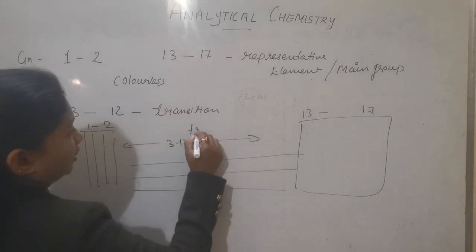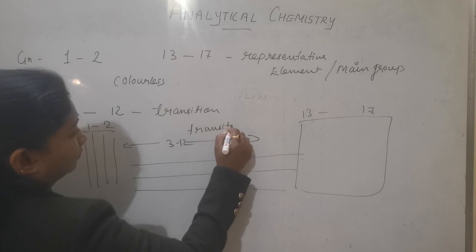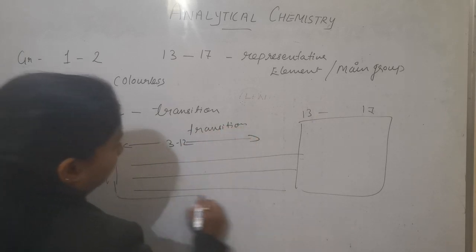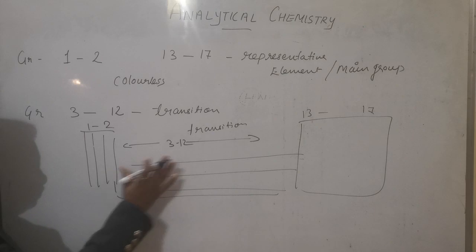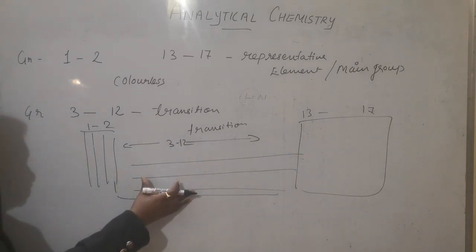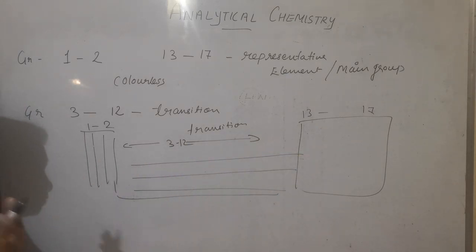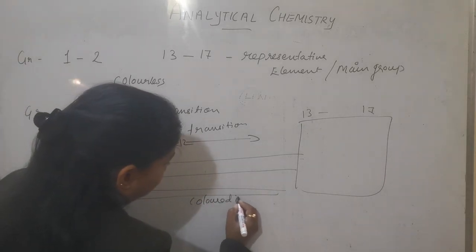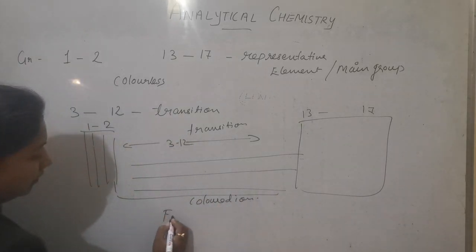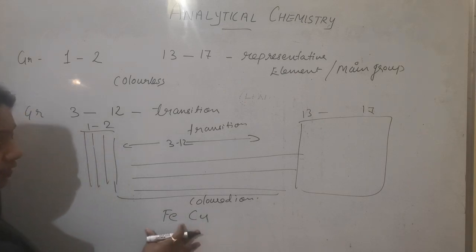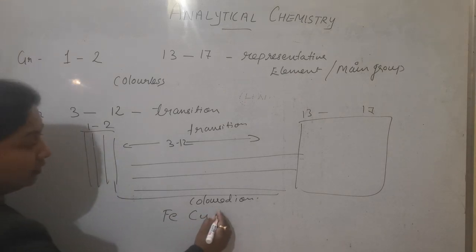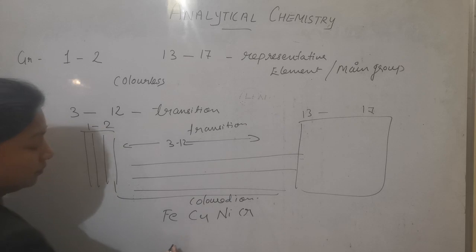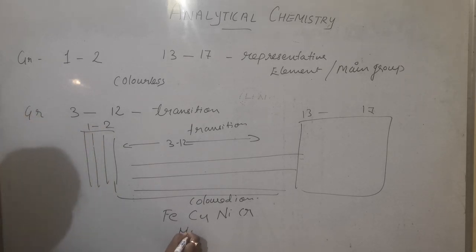So these are transition elements. The elements that are present in between these two groups are called transition elements, and they mostly form colored ions, like iron, copper, nickel, chromium, manganese. These are all transition elements.